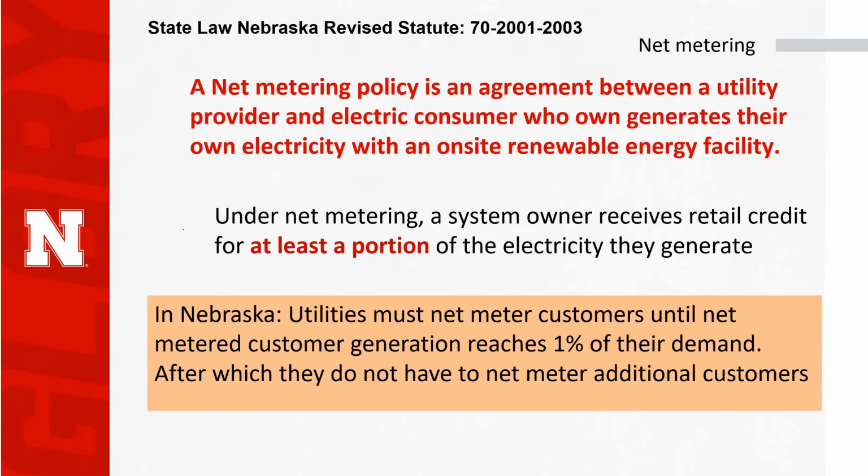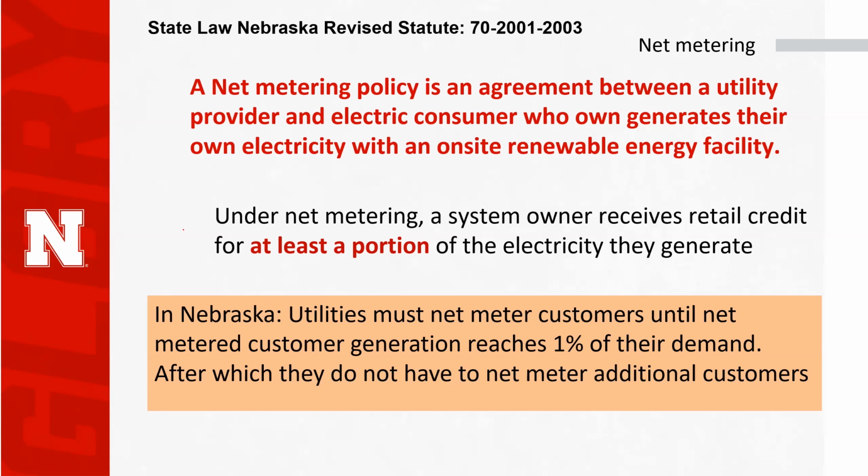There's an important piece in that statute. It is that utilities must net meter customers. I'm paraphrasing the law here, but utilities must net meter customers until the net metered customer generation reaches 1% of the utility's demand, after which they do not have to net meter additional customers.